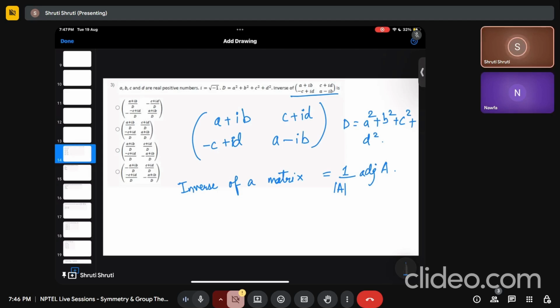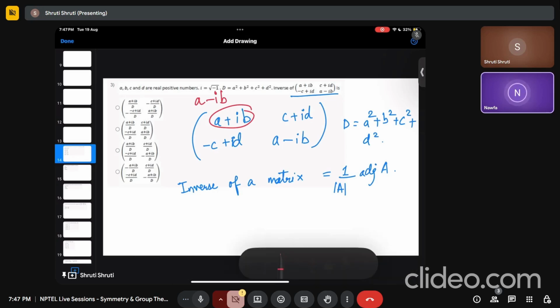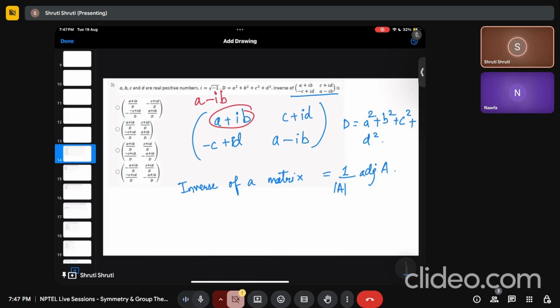The first element should be A minus IB. It was a long time ago, but there was some problem with this question. Maybe there can be a misprint in the options. But you know the process, right? How do we do it? Yes, ma'am.